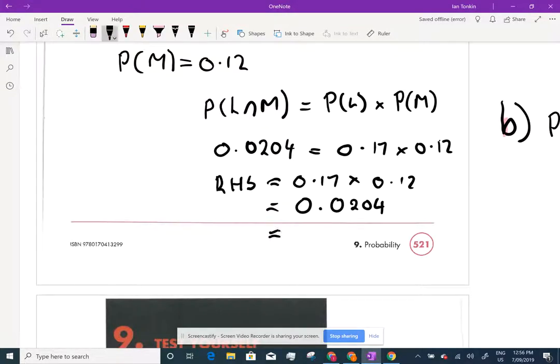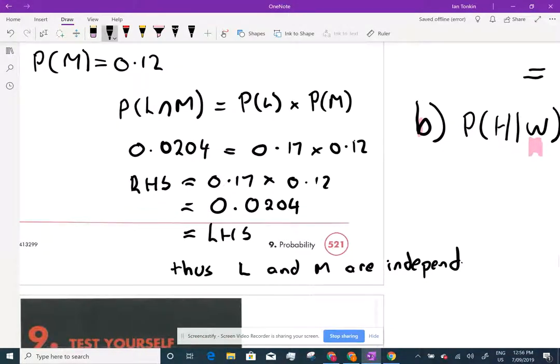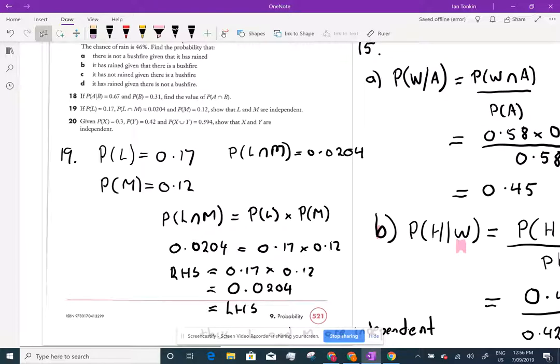So the right-hand side equals the left-hand side, thus L and M are independent. They're pretty easy. So 20 is going to be the same.